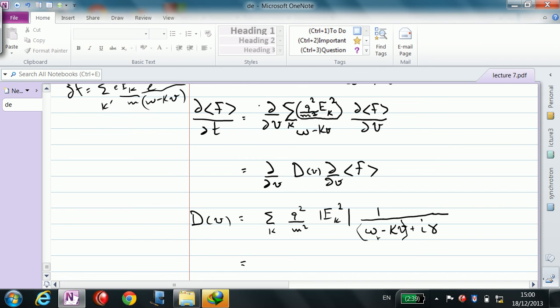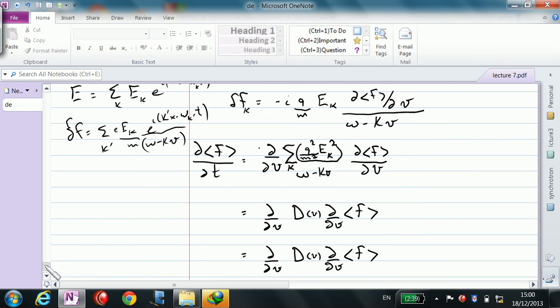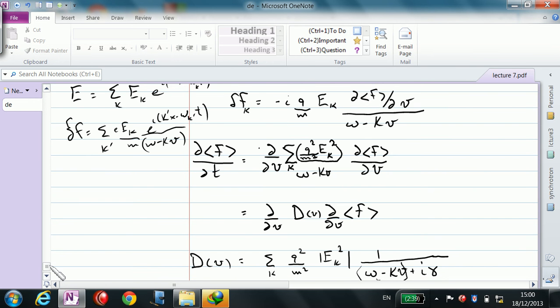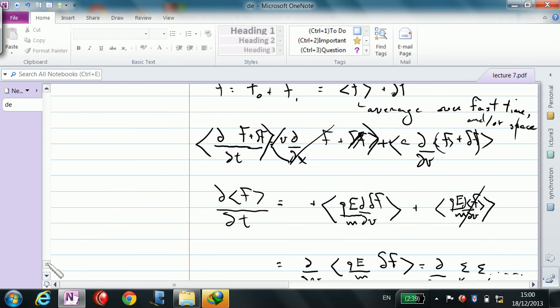Remember where all this D came from? It came from a correlation between the electric field and the perturbed function. Now, for non-resonant particles, they are correlated. It's just that they're out of phase by pi over 2.